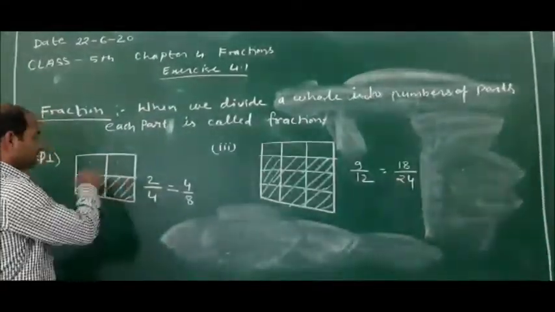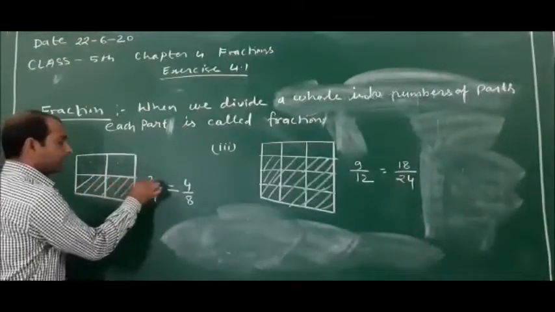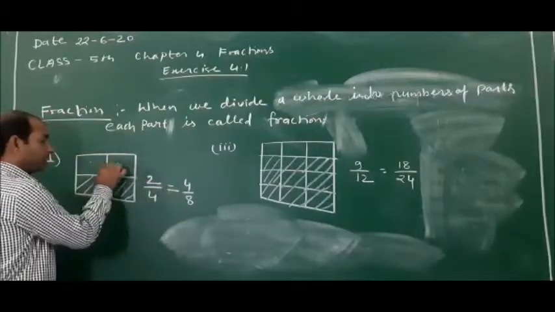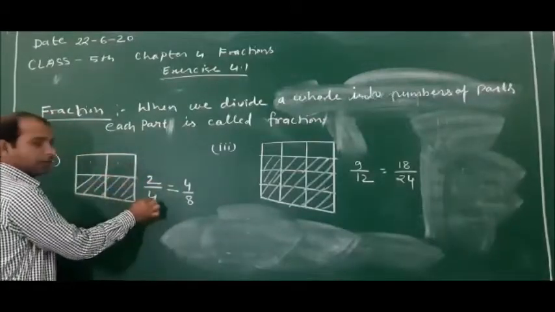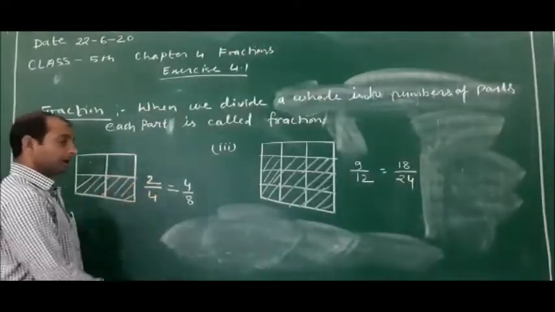So first we write the fraction: 2 boxes are shaded, so we write 2, and total number of boxes here 1 2 3 4, so we write here 4, means 2 upon 4.